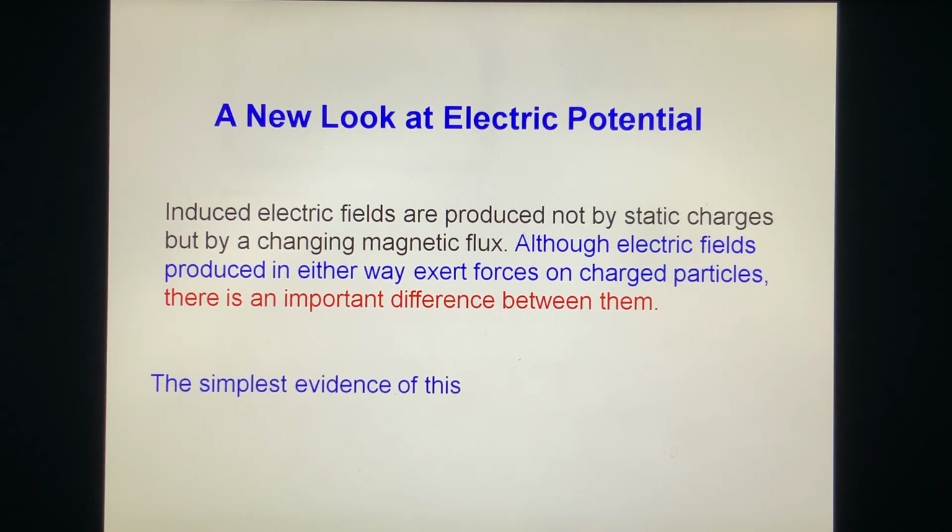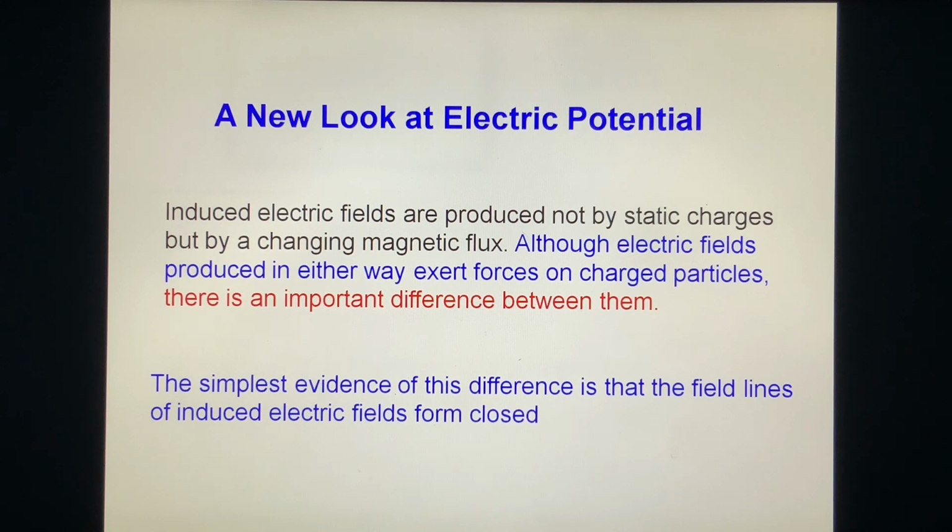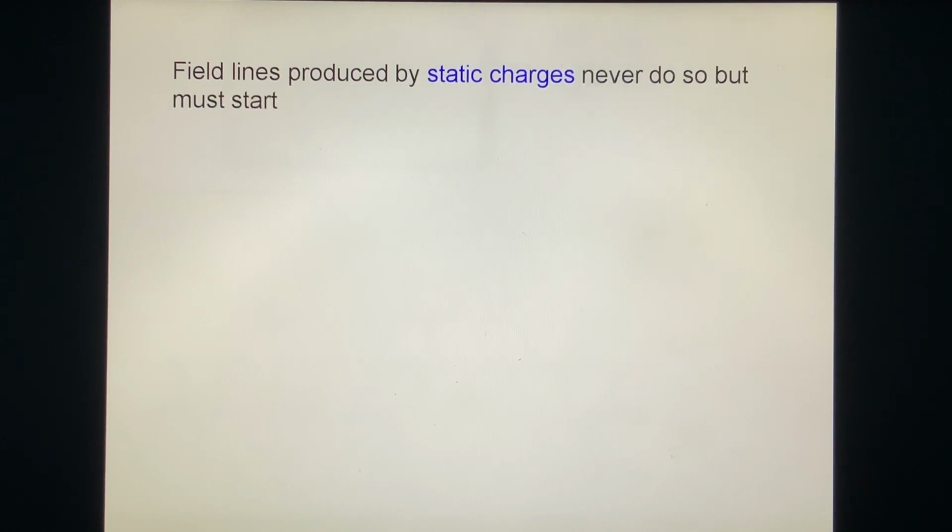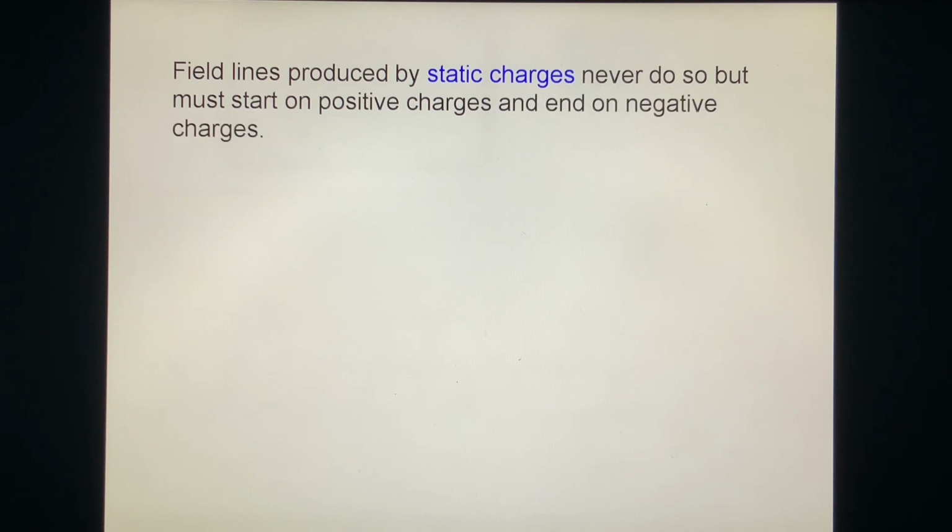The simplest evidence of this difference is that the field lines of induced electric fields form closed loops. Field lines produced by static charges never do so, but must start on positive charges and end on negative charges.